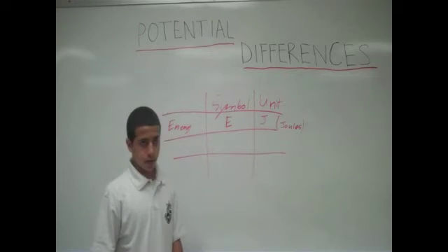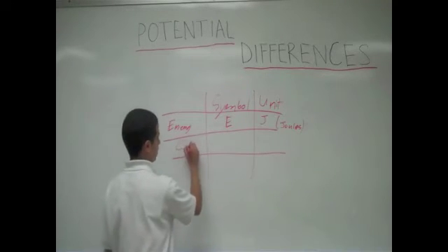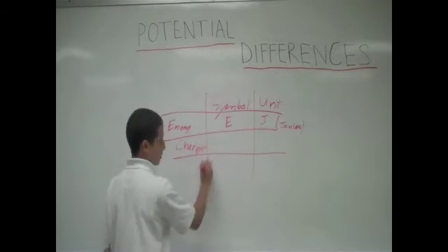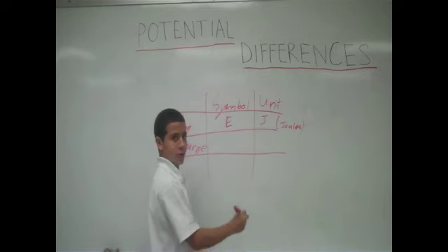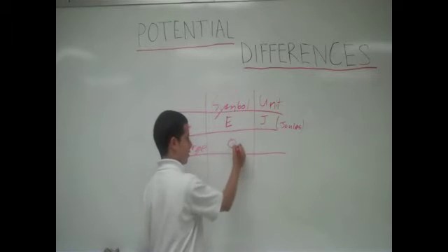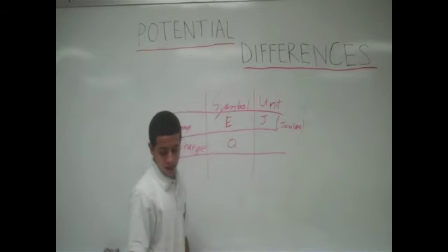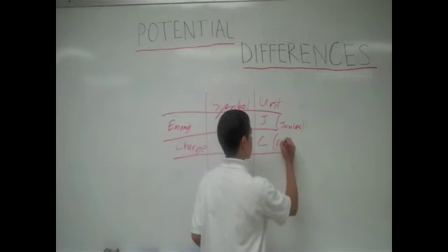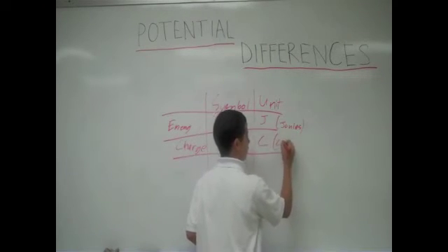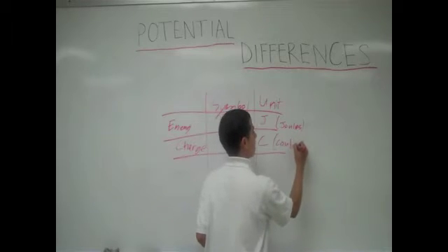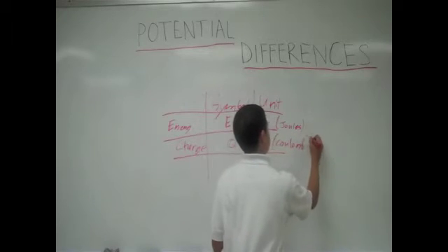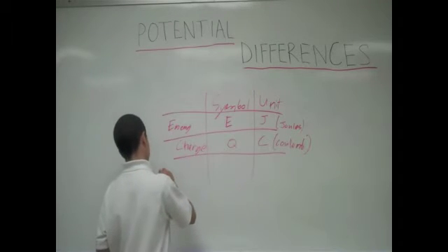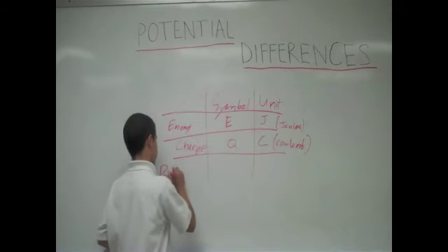And charge is measured in Q, but again, its unit is C for Coulomb. And there is potential difference.